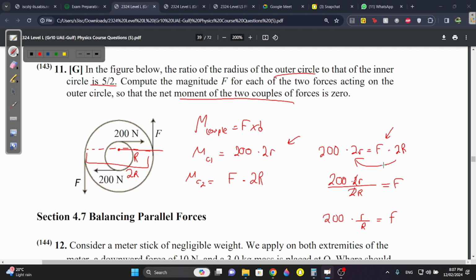So that means big R over small r equals 5 over 2. Why? Because they said outer to inner, and the outer circle is the bigger circle. The inner circle is the smaller circle. So R over r equals 5 over 2. How about small r over big R? You just flip them. It's going to be 2 over 5. So 200 times 2 over 5 equals F. And you're going to cancel the 5. You get 40. 40 times 2, you get F equals 80 newtons.